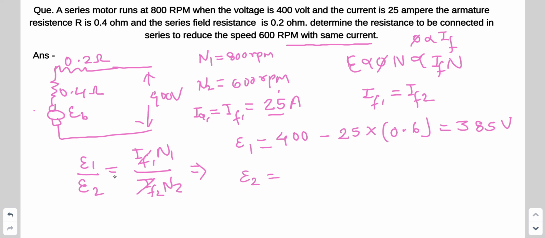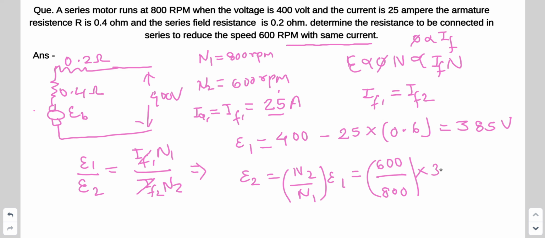E2 will be N2 divided by N1 into E1, where N2 is 600 rpm, N1 is 800 rpm, and E1 is 385 volt.